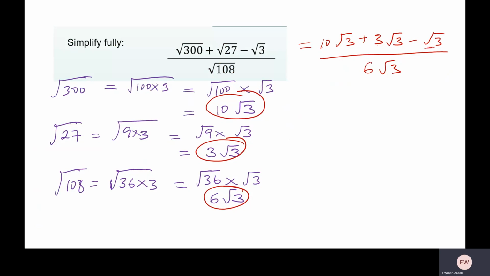So 13 minus 1 will give us 12 root 3 all over 6 root 3. Now we have root 3 in the numerator, root 3 in the denominator, so we can cancel that and we'll be left with 12 over 6, which is equal to 2. You can check this in your calculator.